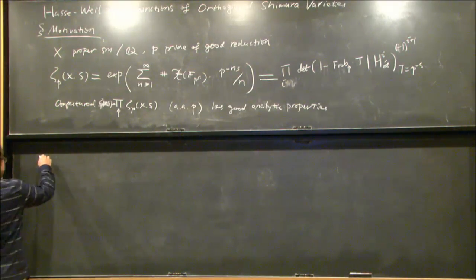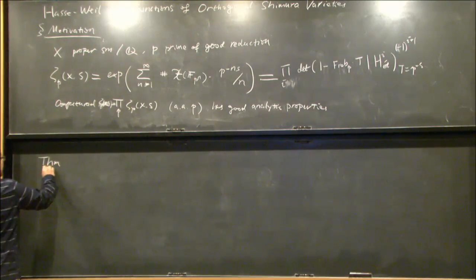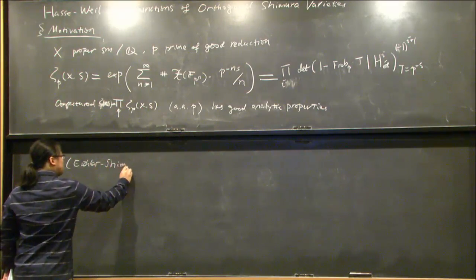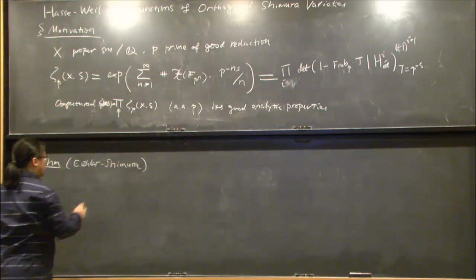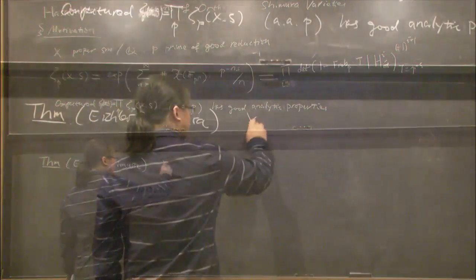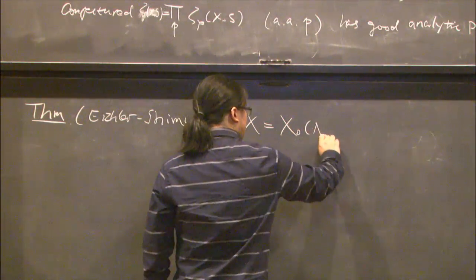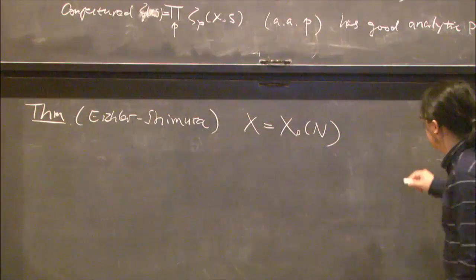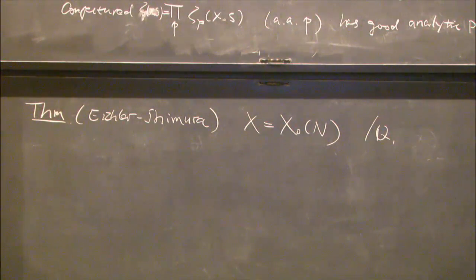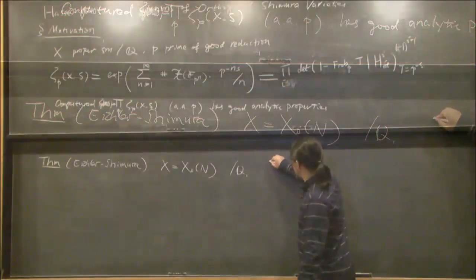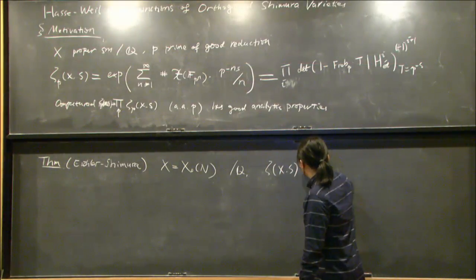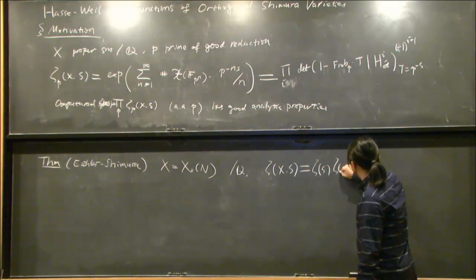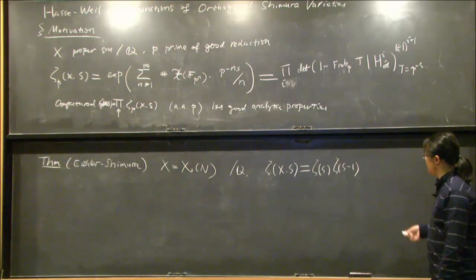So the prototypical theorem of my topic today is due to Eichler and Shimura. It says if you take X to be the modular curve of level Gamma_0(N), and the compactified version, so it's an algebraic curve over Q, and then you look at its zeta function, it will be equal to two factors of Riemann zeta functions, basically coming from H^0 and H^2.